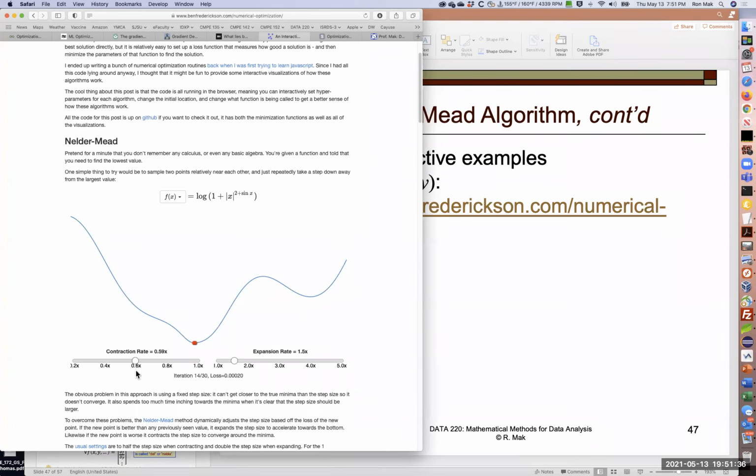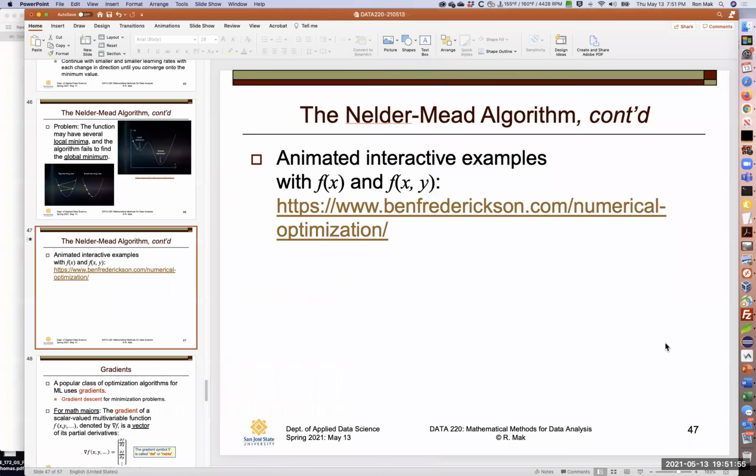And we can adjust the various scales. Let's go here, and then we'll make the contraction rate that. Then we'll see, big steps. So you can play around with this. All right, that is the Nelder-Mead algorithm. I'm going to show you some Python code before we're done.